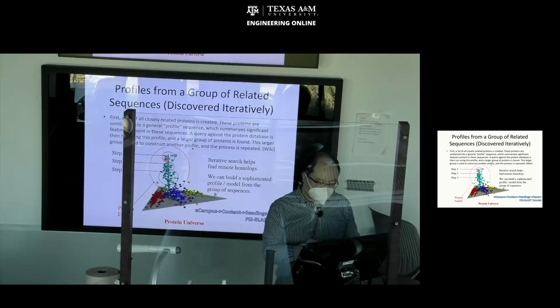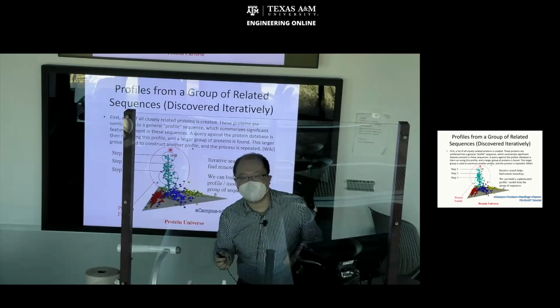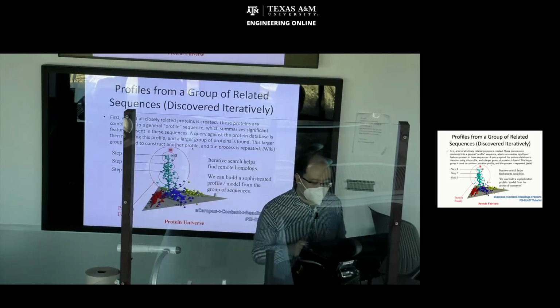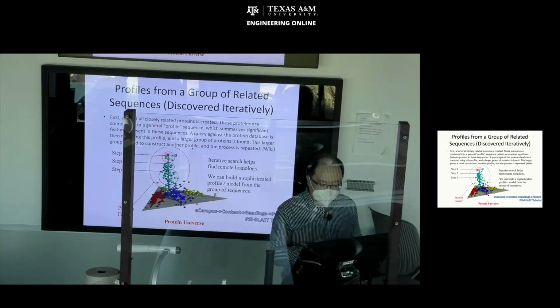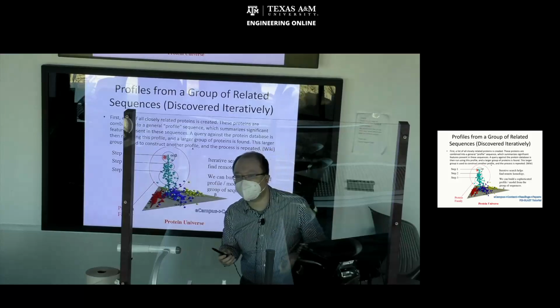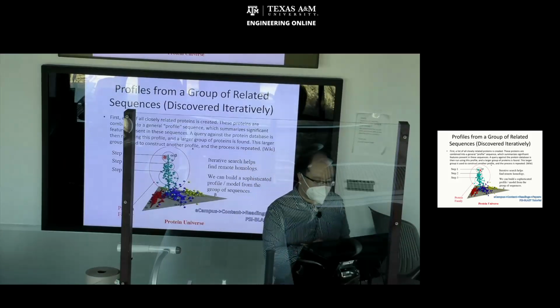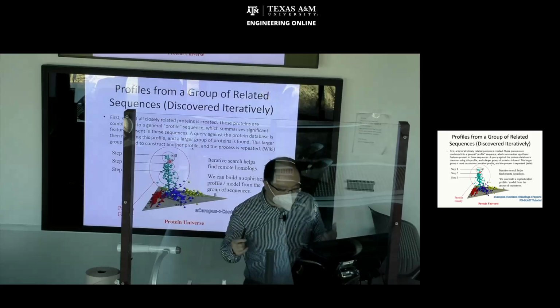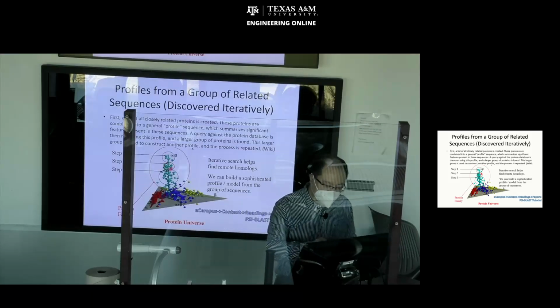Once you have accumulated the initial family, now you can build profiles or a position-specific scoring matrix based on this. You will replace BLOSUM62 now with the first-step profile. And then using that new scoring matrix, maybe you are able to find these more distant homologs in step 2.